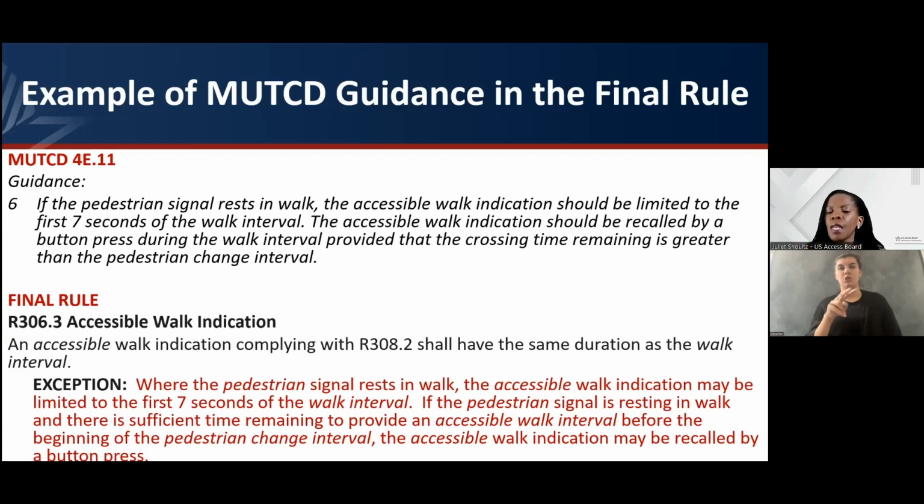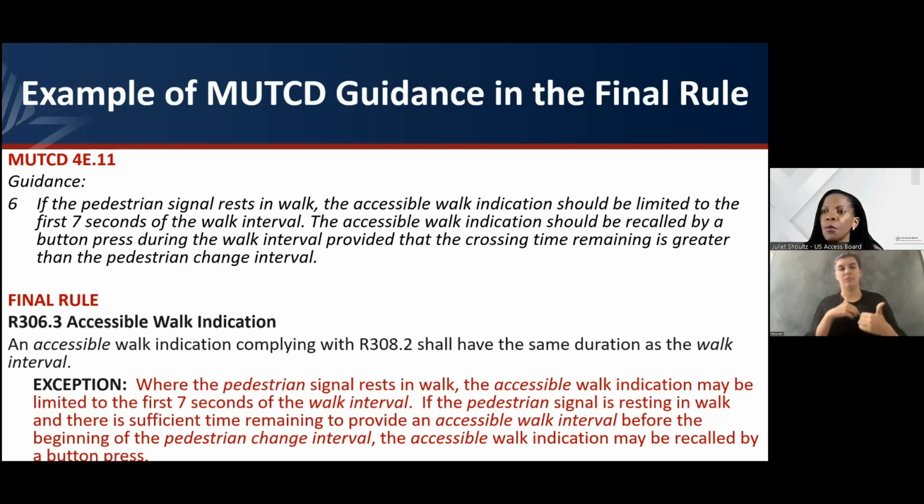Let's look at another example of MUTCD guidance that is now in the final rule. MUTCD 4E.11 guidance, line 6, addresses pedestrian signal resting in walk and what the requirements are for the accessible walk indication. We have incorporated that as a provision at R306.3, accessible walk indication.